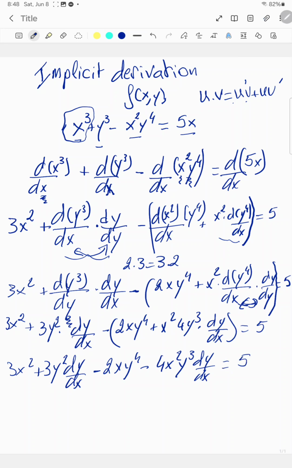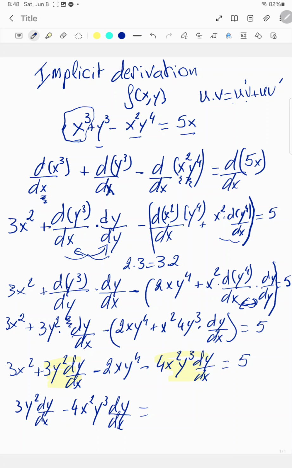Now I want to keep all the terms that have dy over dx on the left hand side of the equality and all the rest on the right hand side. The terms that have dy over dx are this one and that one. Those stay on the left hand side and everything else goes to the right hand side. So I will keep 3y squared dy over dx minus 4x squared y to the power of 3 dy over dx equal.